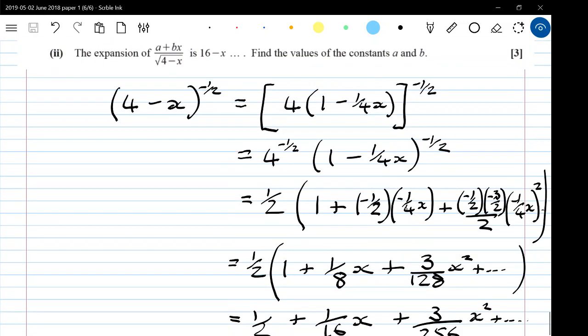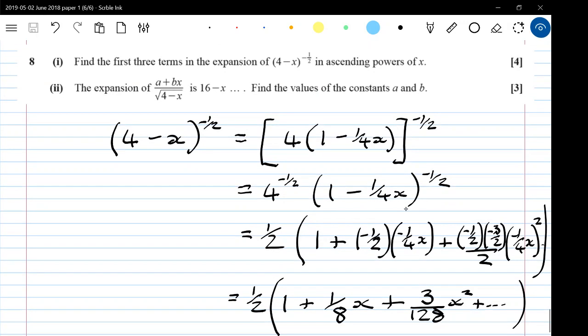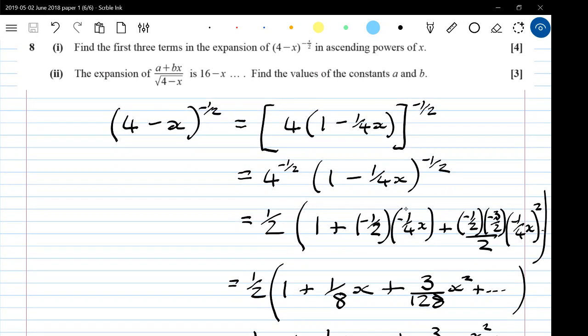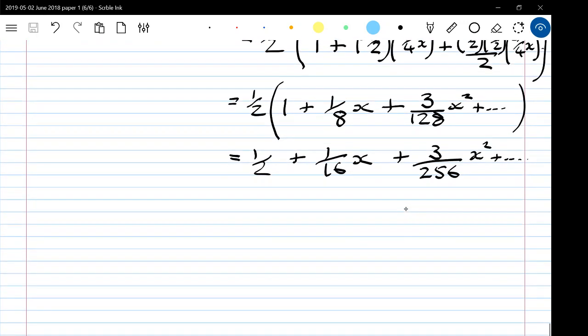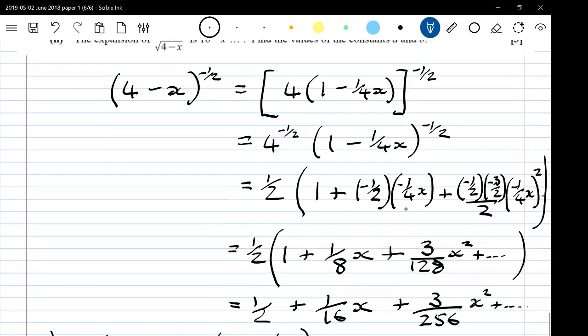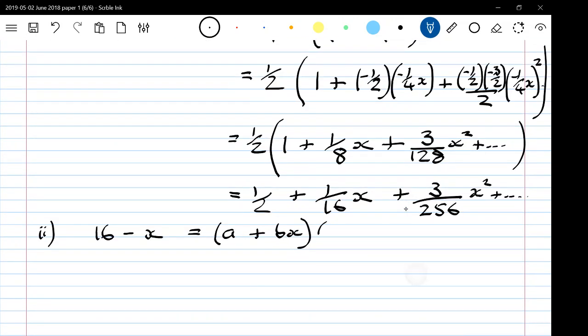Part 2. The expansion of a plus bx times the thing that we've just done is 16 minus x. So hang on. In part 2, we've got that 16 minus x is equal to a plus bx times a half plus a 16th of x plus 3 over 256 x squared, and so on.